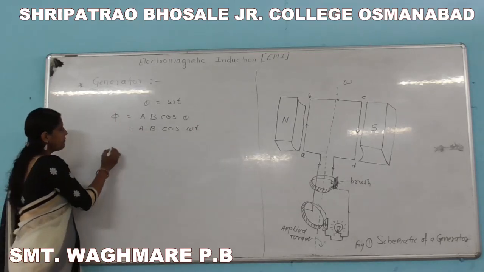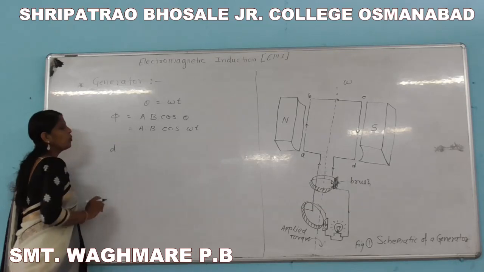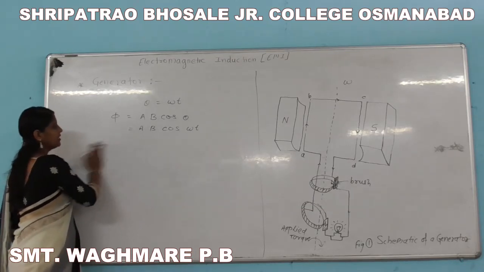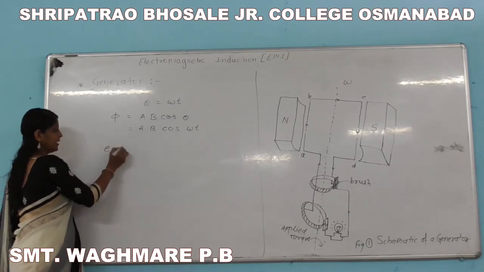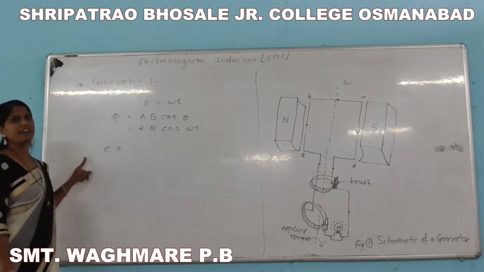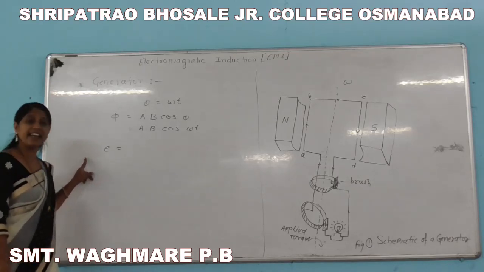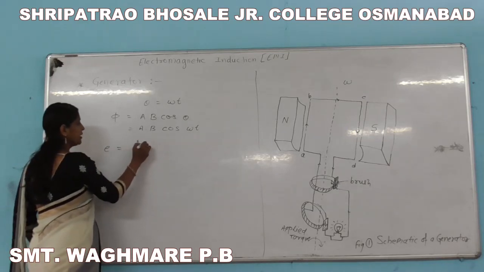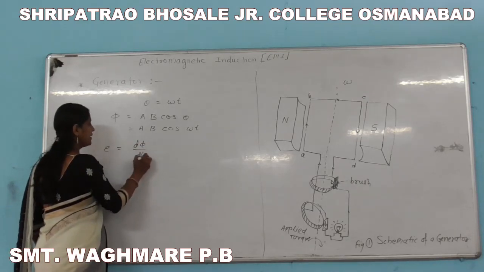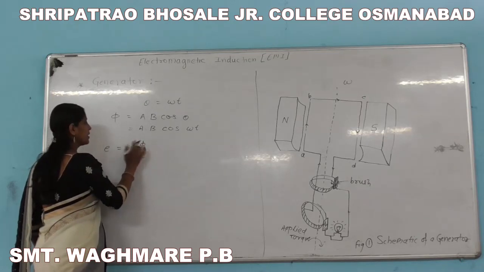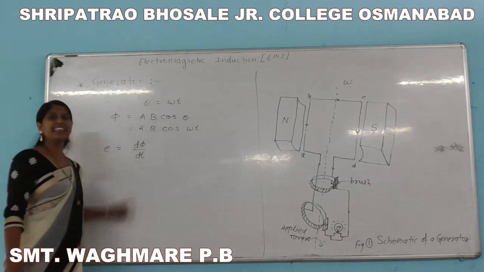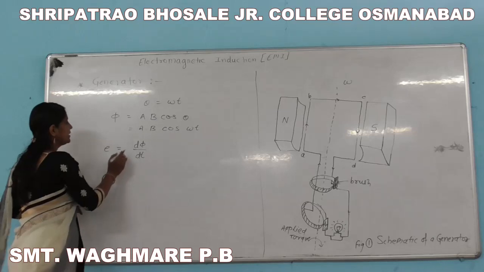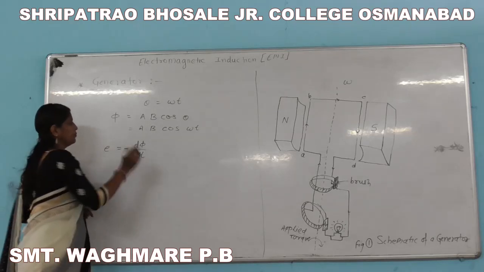Now, by using Faraday's law, what is Faraday's law? Faraday's law states that EMF induced in the coil is directly proportional to the change in magnetic flux, that is d phi by dt. But by Lenz's law, this E is negative.